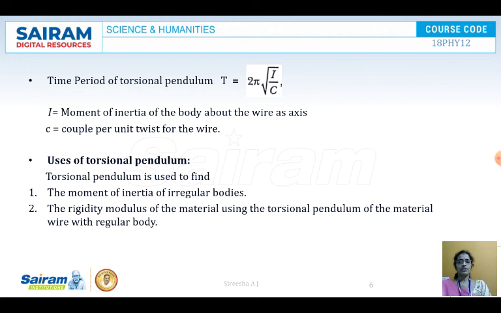C is the couple per unit twist for the wire. So T equals 2 pi root of I by C is the time period of oscillations.